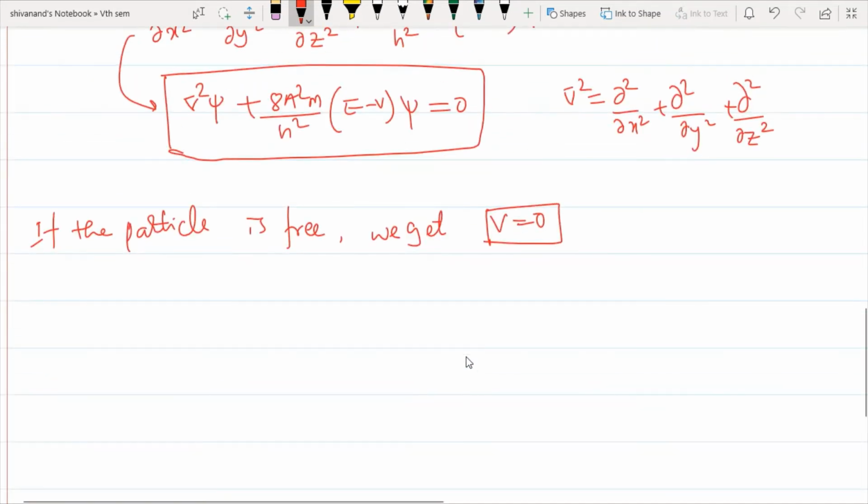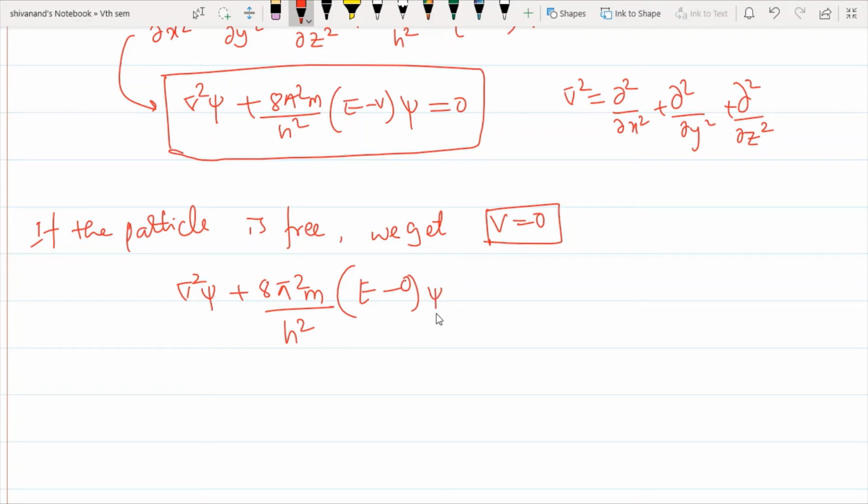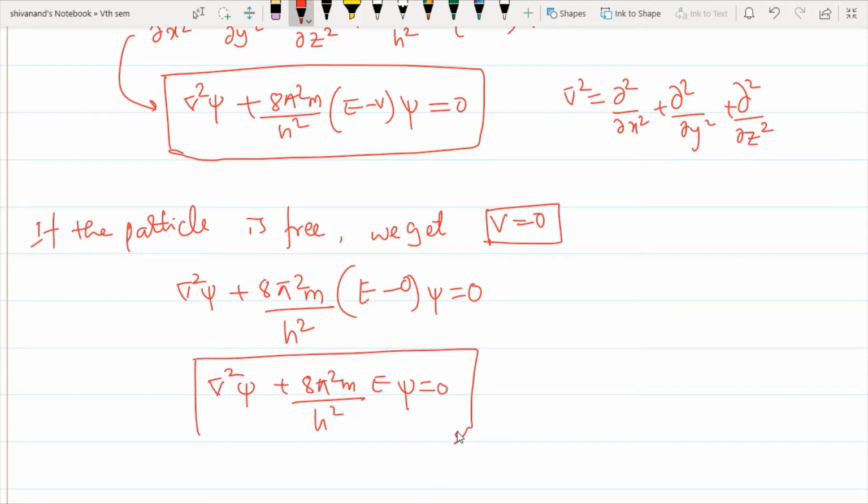Then the Schrodinger equation becomes ∇²ψ + (8π²m/h²)(E - 0)ψ = 0, which can be written as ∇²ψ + (8π²m/h²)Eψ = 0. This is the Schrodinger wave equation for a free particle moving in three-dimensional space. This is a very important equation.